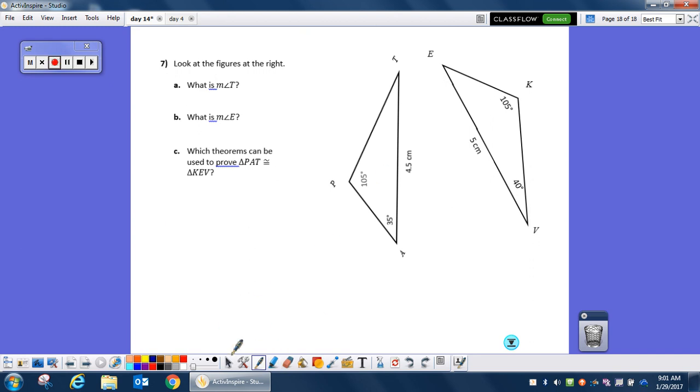So then they want to know which theorems can be used to prove triangle PAT is congruent to KEF. So what I'm going to do is write down all 5 and we're going to do some process of elimination.